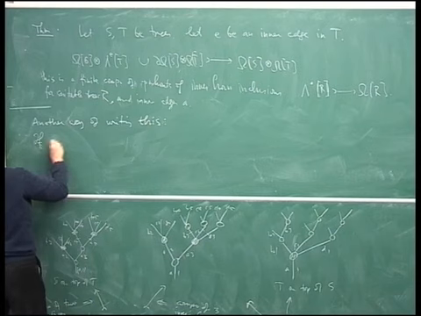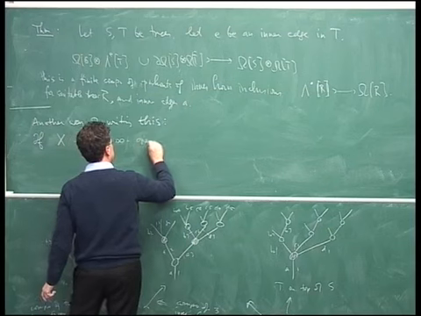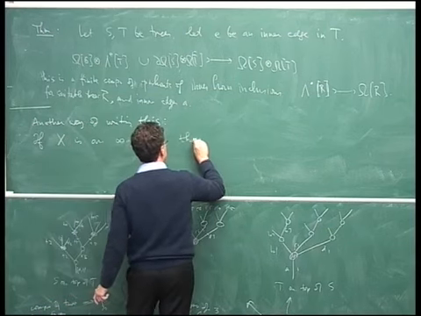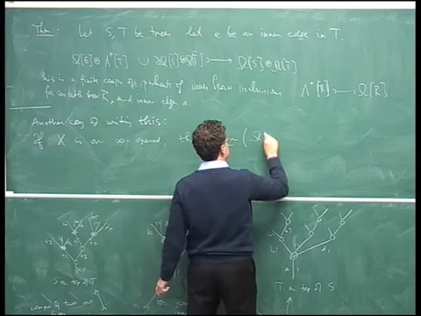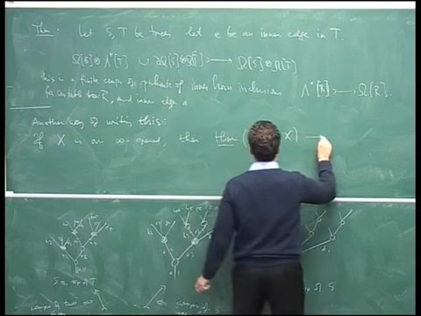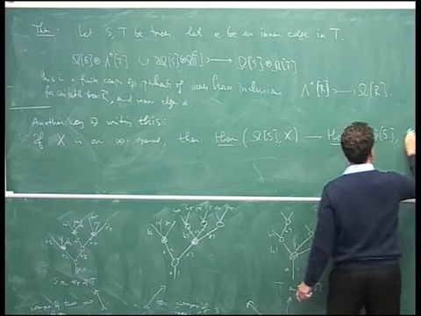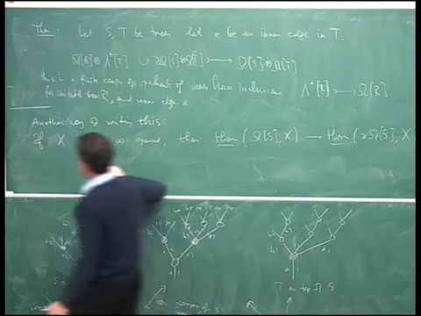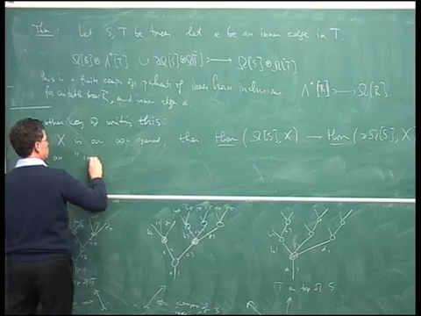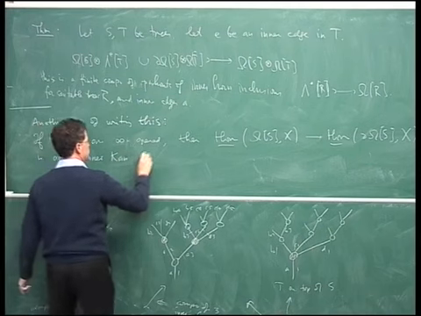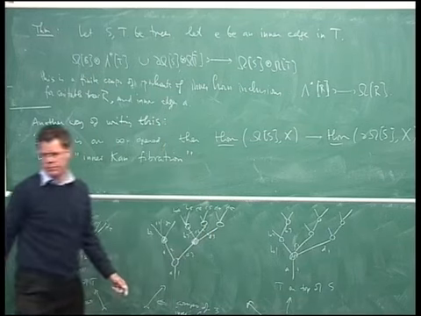If X is an infinity-operad, then the hom from omega S X to the hom from delta omega S X is an inner fibration. Which hom is meant?